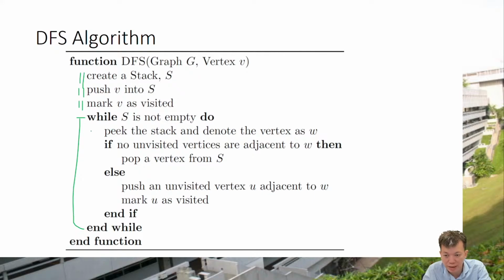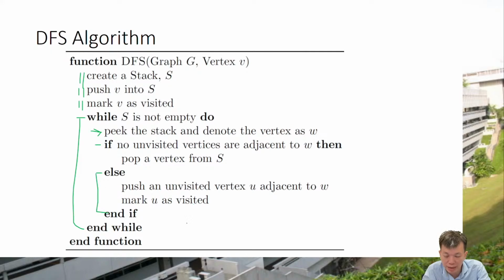Then you pick the top of the stack and denote it as W. If you cannot find unvisited nodes, you pop it back. Then you push an unvisited vertex U adjacent to W.